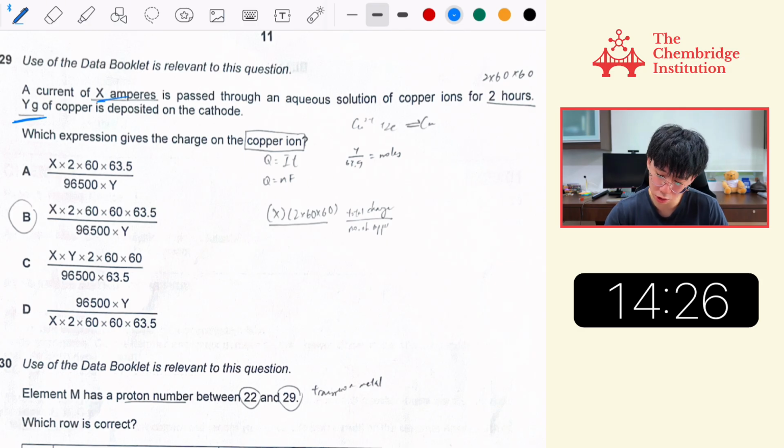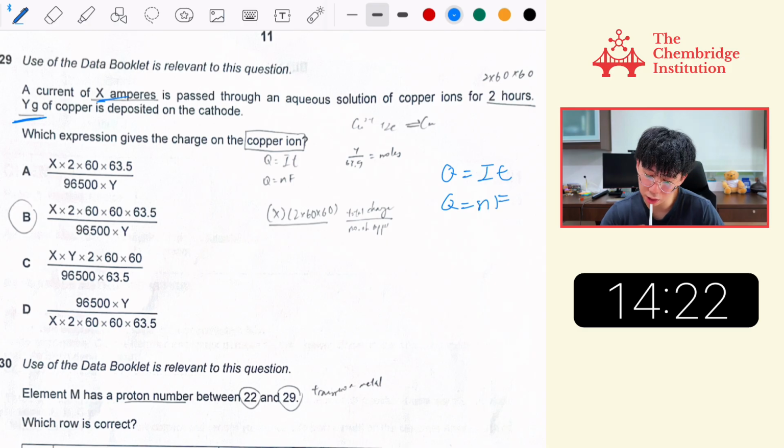How do you relate this? Q equals It and Q equals nF. These are the two equations I'll think about. So It equals nF. If you want to find the charge on the copper ion, you will find n over here.